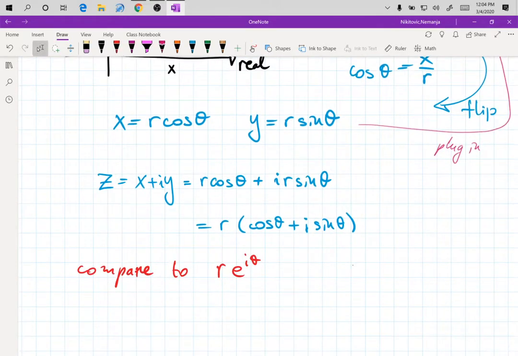Compared to that, and because r is r, we get that e to the i theta is cosine theta plus i sine theta.